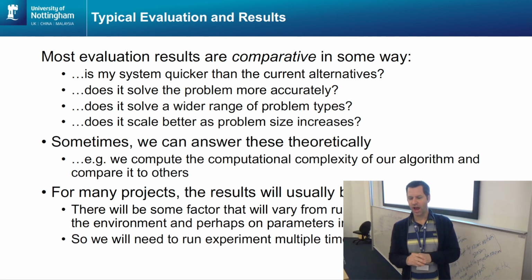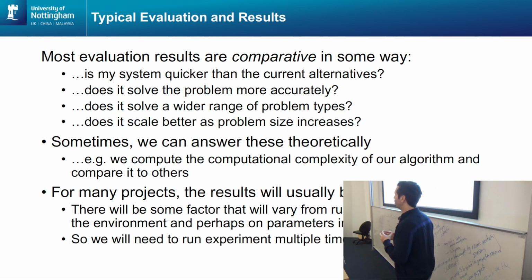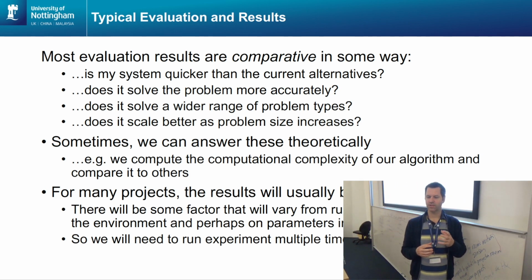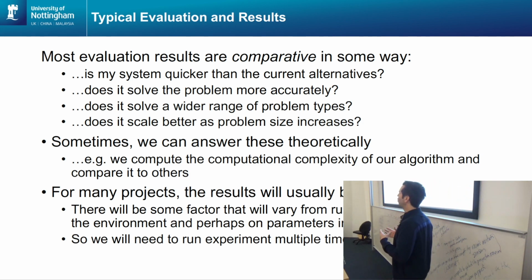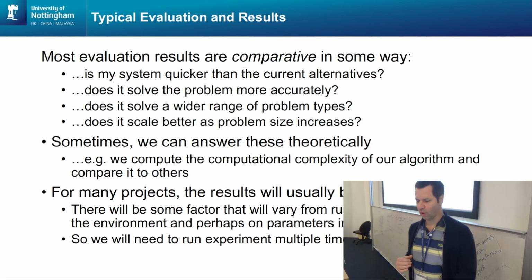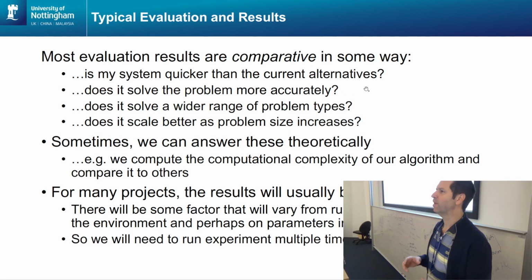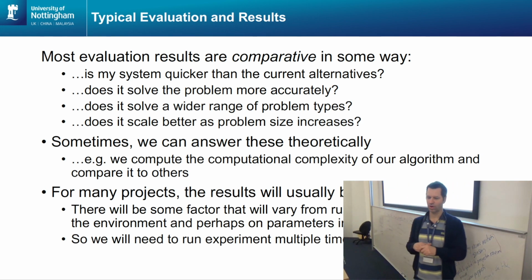And what often happens is that you evaluate whatever work you're doing compared to someone else's work that has done something previous that's similar. So, for example, you're trying to build something that's quicker than a previously published paper. Or is it more accurate? Maybe you're trying to demonstrate that your method is more accurate than previous work.